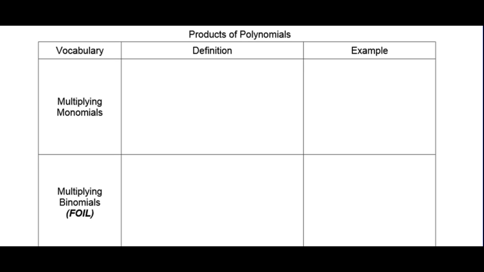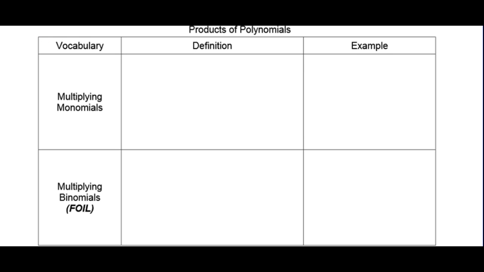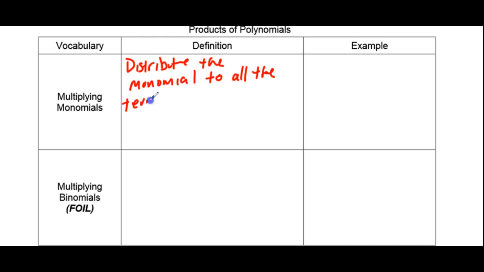So let's get into this. When we're talking about multiplying polynomials, we're basically distributing, alright? So distribute the monomial to all the terms in the polynomial.